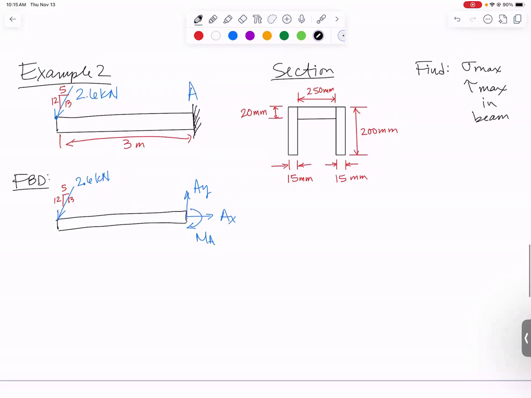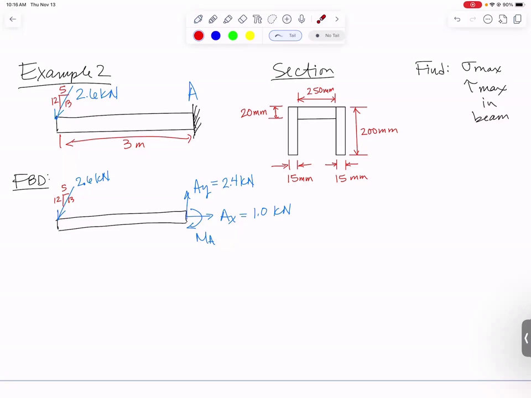If you want to do equilibrium really quickly, the downward vertical component of this would be 2.4 kilonewtons, and that has to be exactly balanced out by AY, so AY will be 2.4 kilonewtons. AX will be the horizontal component, which comes out to be 1.0 kilonewtons, because the horizontal component of this force will be 1 when you take the 2.6 and multiply by 5/13.